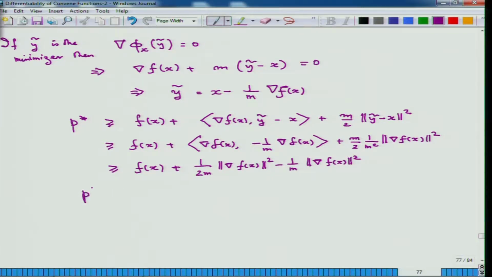So, this would give me p star to be greater than f x minus 1 by 2 m. So, you see that is exactly what we had discussed, that is what we want to do.